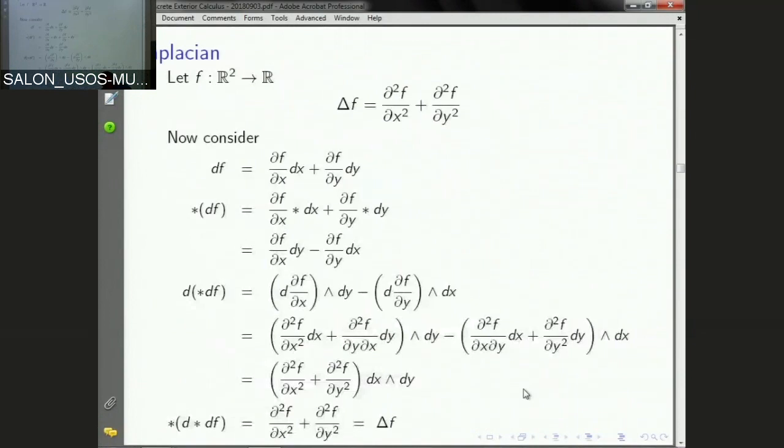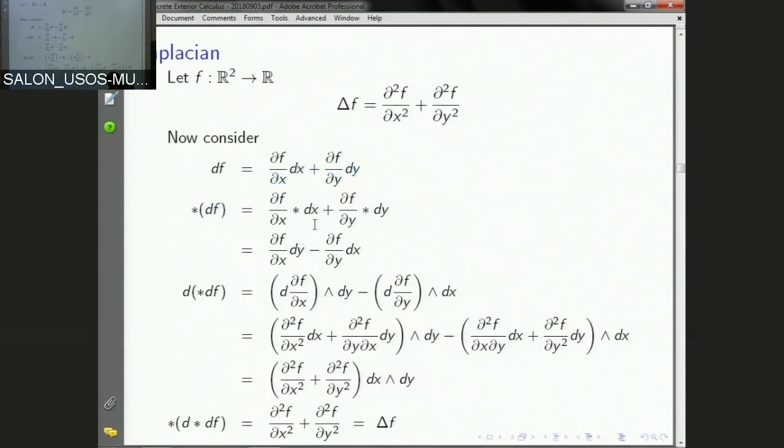Okay, the Laplacian. Take a function from R2 to R, or on an open set. The usual Laplacian, as we know it, is the sum of these two second-order partial derivatives. So what I will do is use my ingredients. I take the function, and I take the exterior derivative, which is this expression as we already saw. Take the star of that.